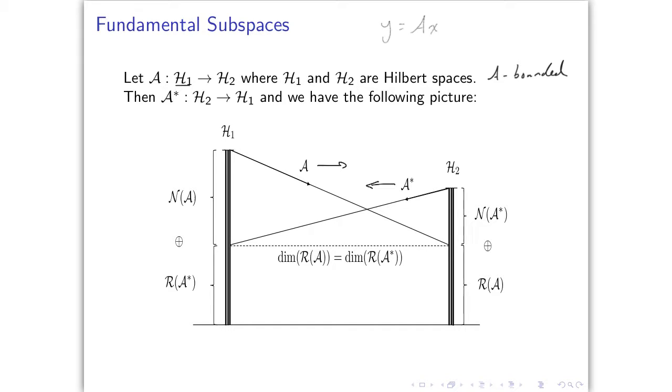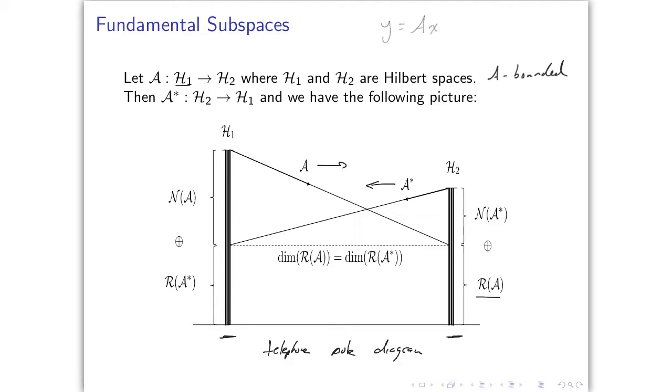Now we will see in the next few slides that, I call this the telephone pole diagram. For me, it seems to be a natural way of understanding the basic picture here. So our Hilbert space H1 is represented by this telephone pole, and H2 is represented by this telephone pole. And it turns out that, for example, H2 can be completely decomposed into two disjoint subspaces.